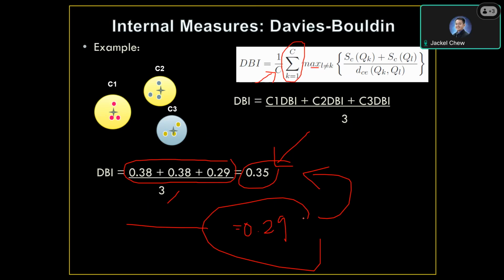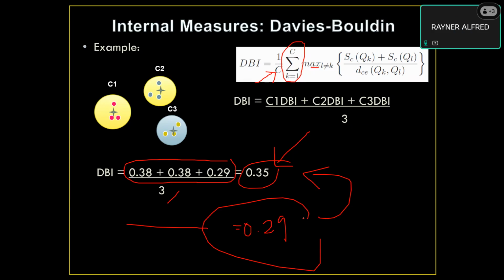Okay, let's say we have 2 scenarios. One using 3 clusters, and the other one using 5 clusters. Can we use the DBI value to compare which number of clusters is better?